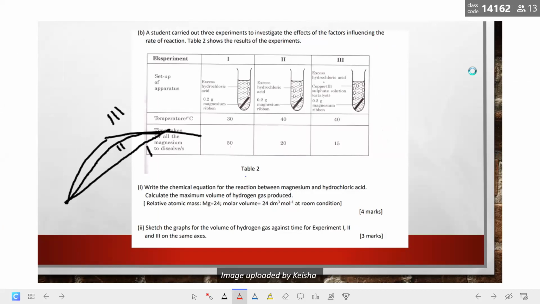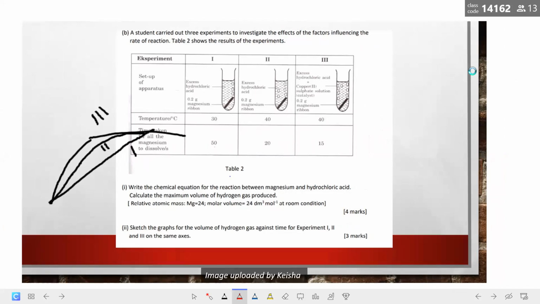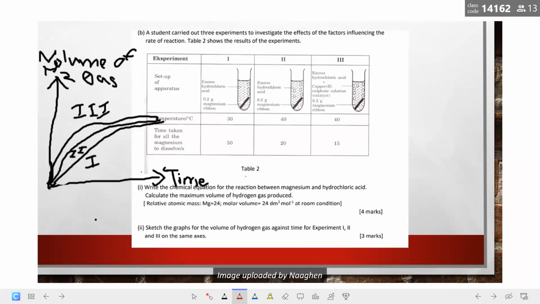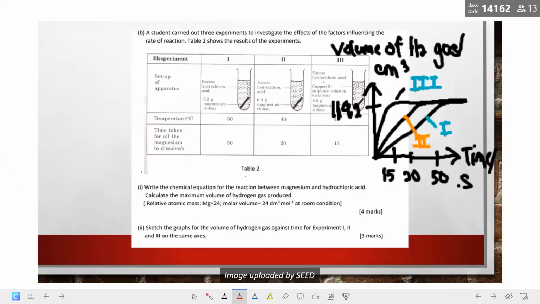That day also teacher tried this with 5A. Some of the graphs that you can see, you want to see clearly? So this is your third one, 15 seconds. This is your second one, 20 seconds. This is your first one, 50 seconds. This is another one, very neat and tidy also.